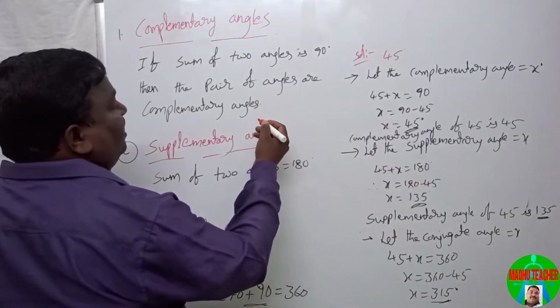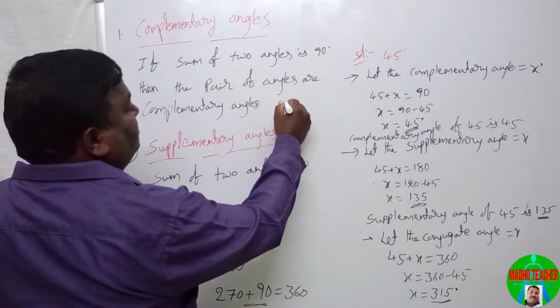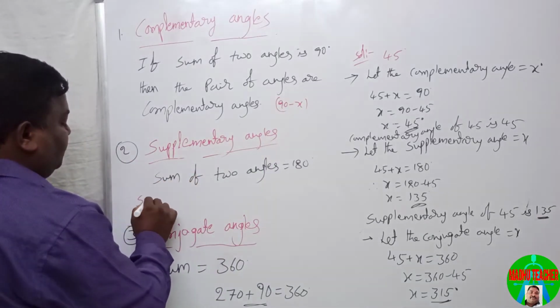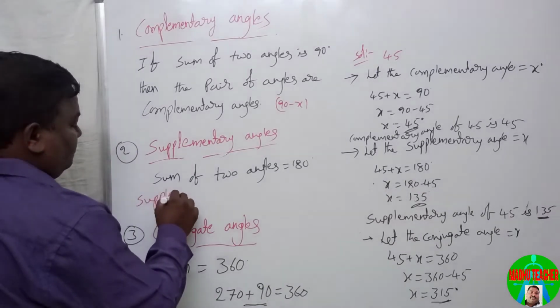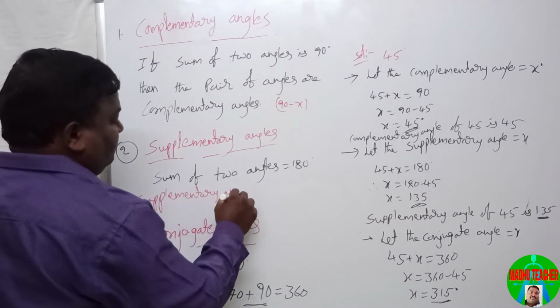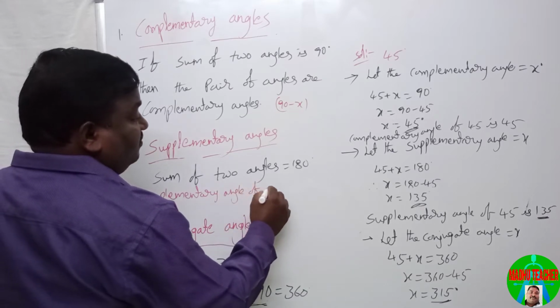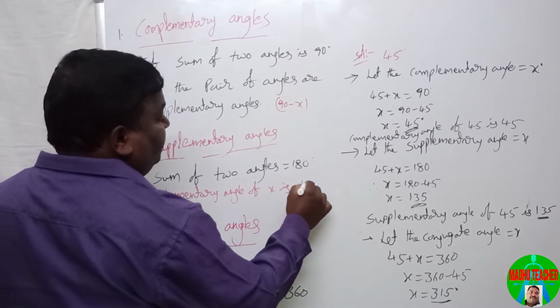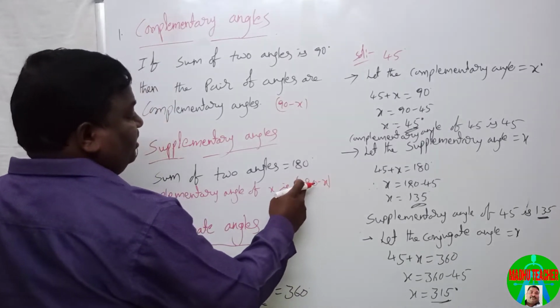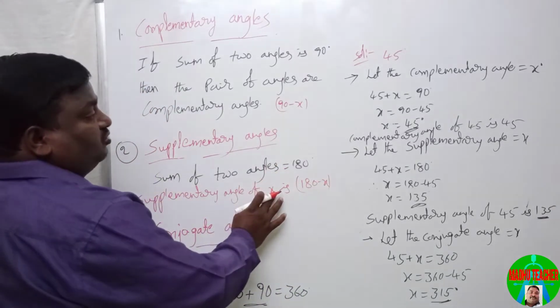So the complementary angle of x is 90 minus x. Supplementary angle of x is 180 minus x. By subtracting x from 180, we will get the supplementary angle.